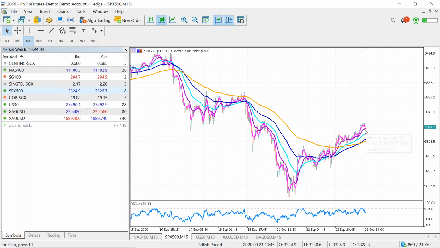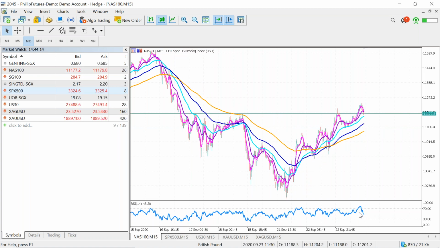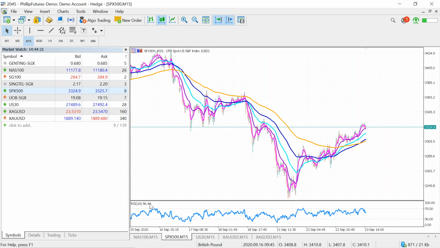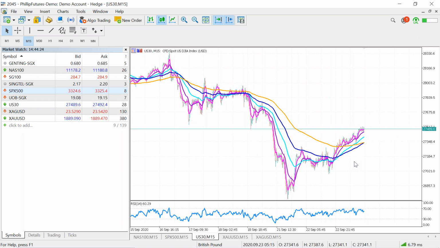Okay, same reason. You can see that the pattern is formed, but the RSI is higher compared to the Nasdaq. Okay, let's just switch back. You can see, this is at 48, whereas the S&P is at 55. The Dow Jones is worse. Not worse, I mean, this is the not so clear trend yet.